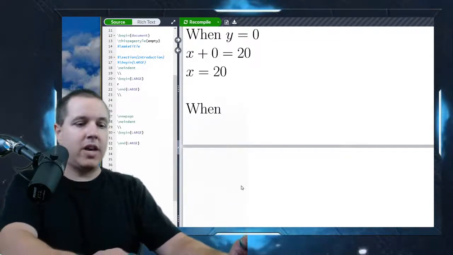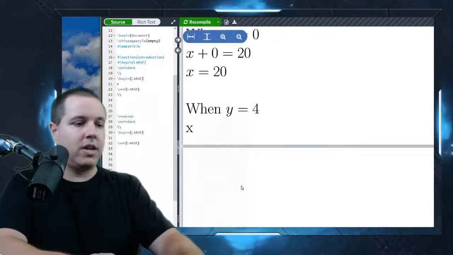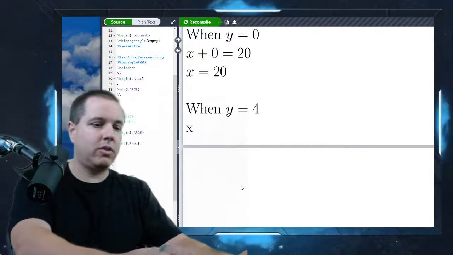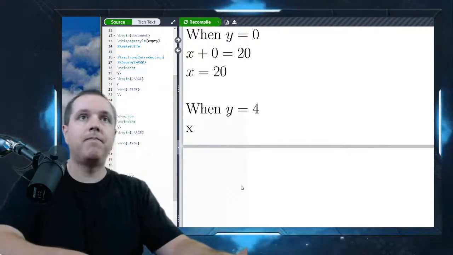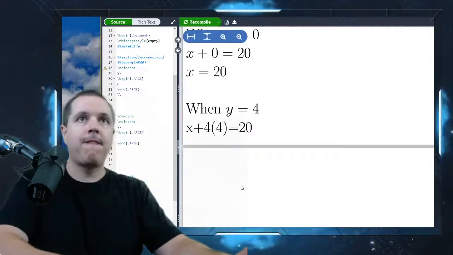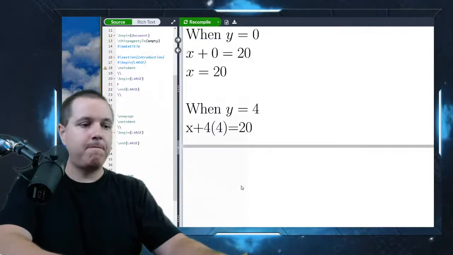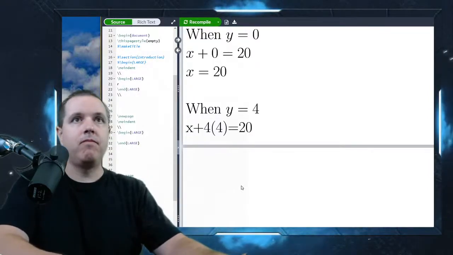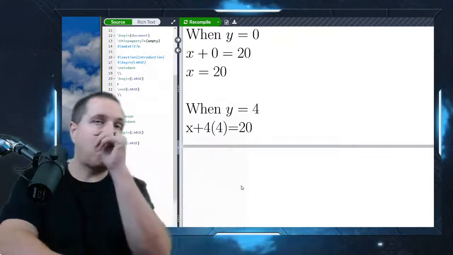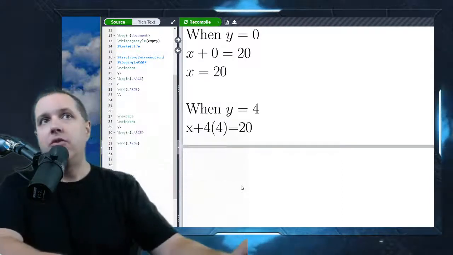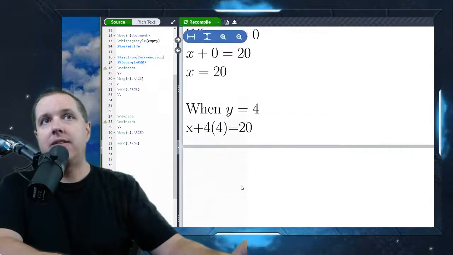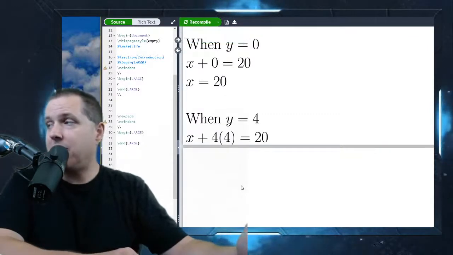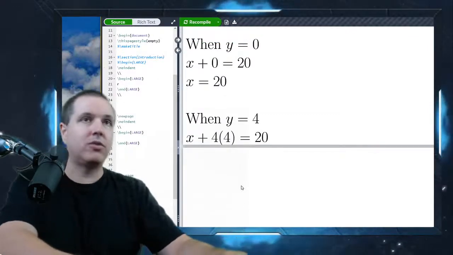Okay, so that means we have x + 4 times 4 = 20. So that really is going to give us x. 4 times 4 is 16. Subtract 16 from both sides, you get x equals 4.